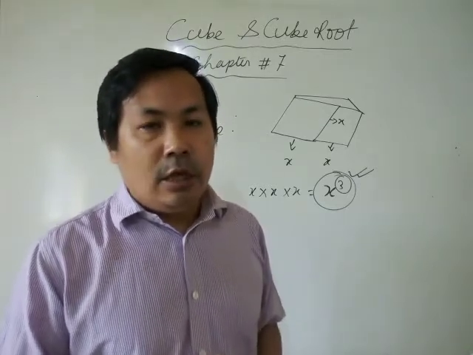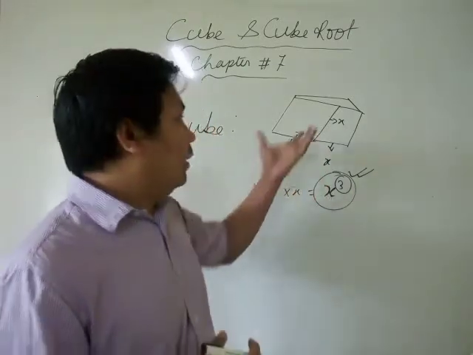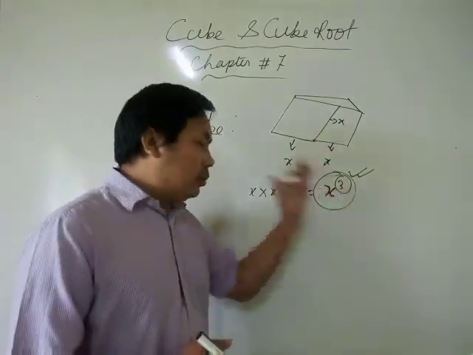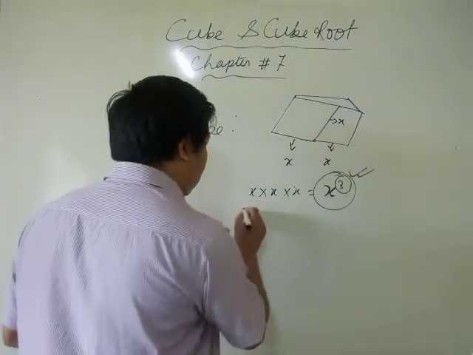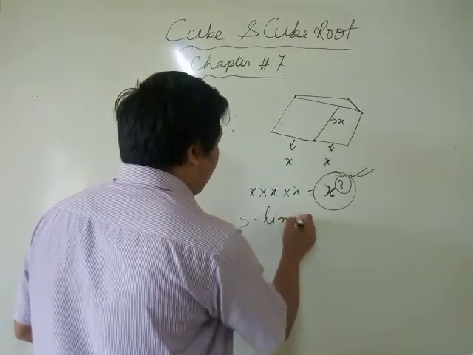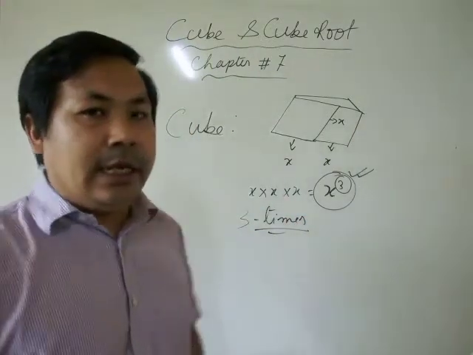Since it is unknown, we multiply all three x to get the volume of the cube: x into x into x, and we get x cube.